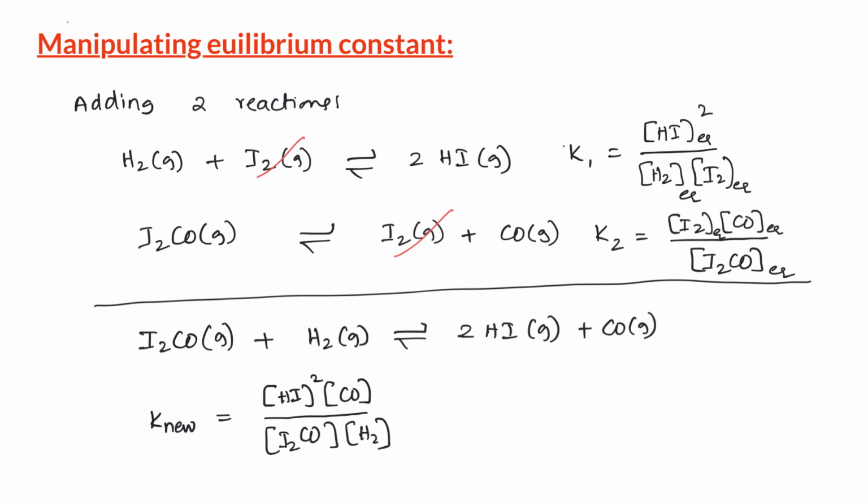Let us now try to express the new equilibrium constant K nu in terms of K1 and K2. If we do the math, we get K nu is equal to K1 times K2. So we can say that if we add multiple reactions, the equilibrium constant of the overall reaction is equal to the product of the equilibrium constants of all the reactions that are added.